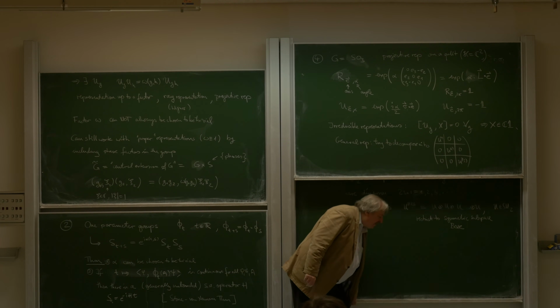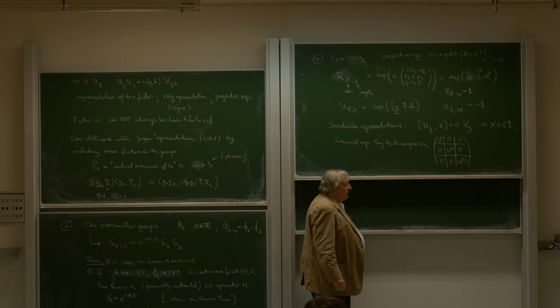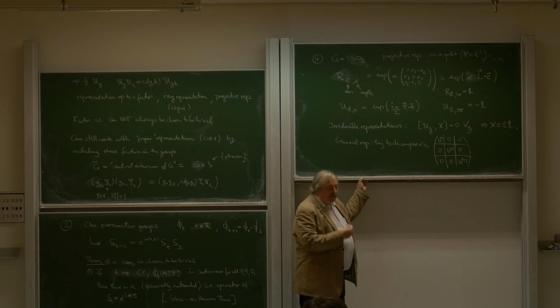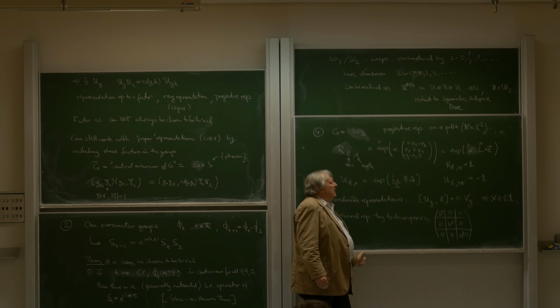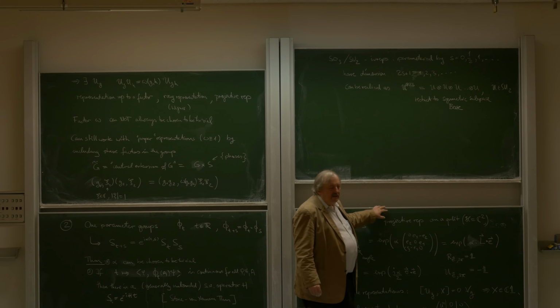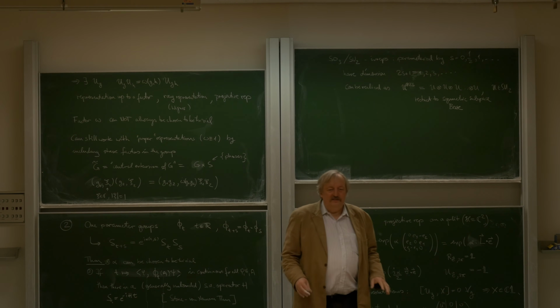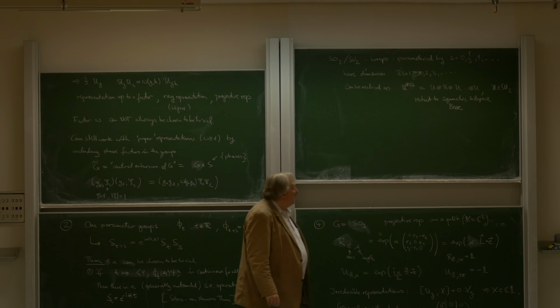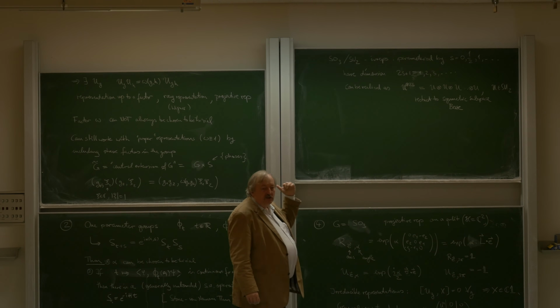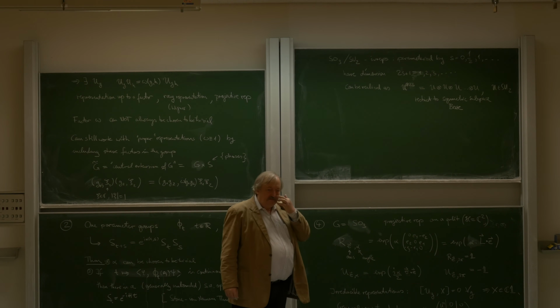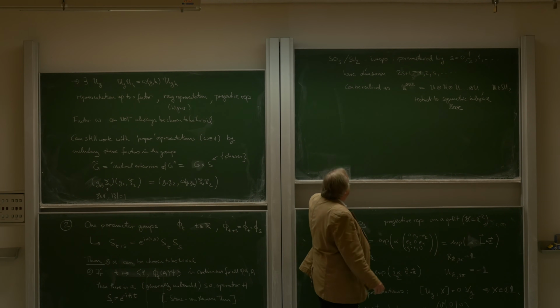And I'm mentioning this, I'm completely aware that this is a bit of a sidetrack in my main course, but I want to make the connection to these anti-unitary symmetries. That's why I'm mentioning it like that.